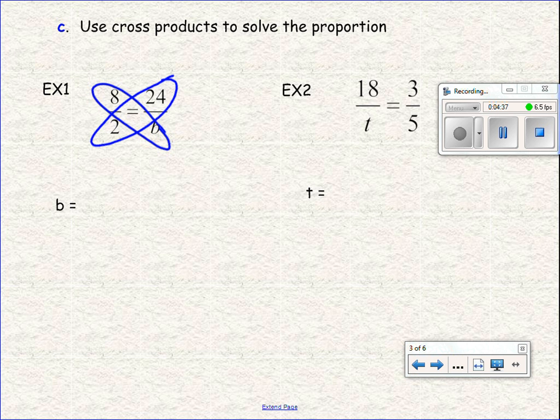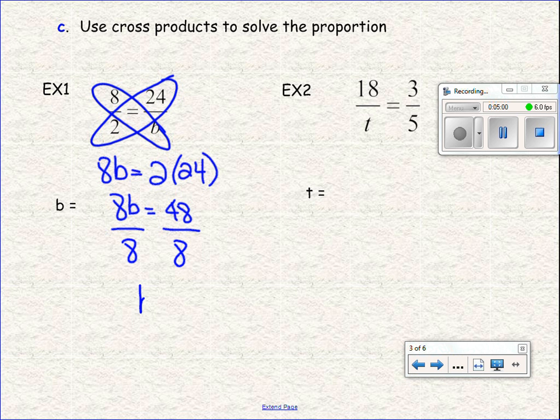Since these two ratios form a proportion, we can say 8 times B is going to equal 2 times 24. 8B is equal to 48. Divide each side by 8. B is equal to 6. Here's our final answer. B is equal to 6.